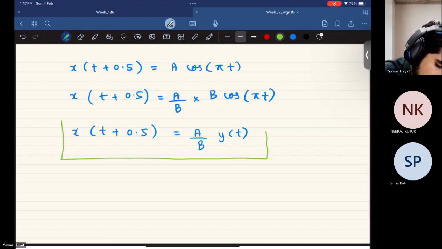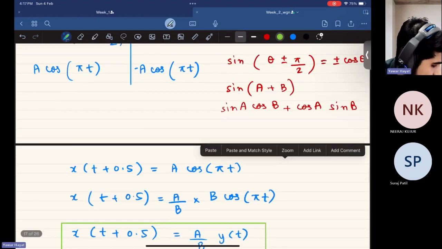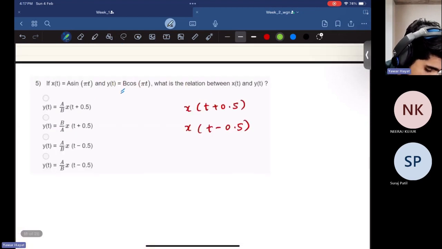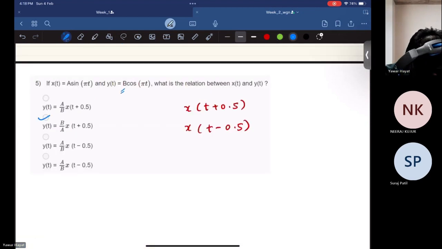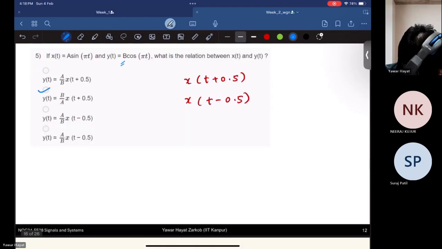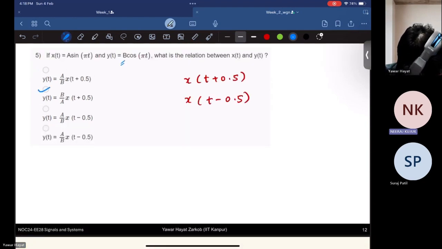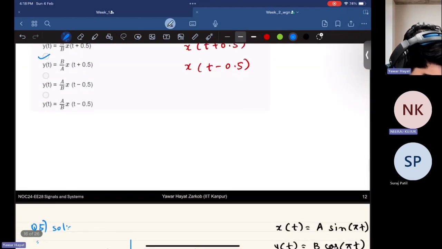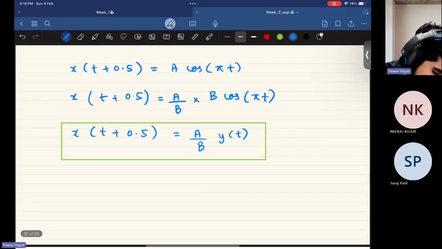Is this clear? Yes, sir. So that is what effectively we were asked in the question. So which option is correct? B, I guess, right? Yes, sir, it seems so. Yes, this B one is correct, because we have to invert the factor alternatively.